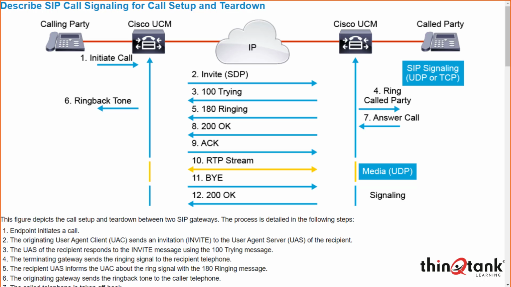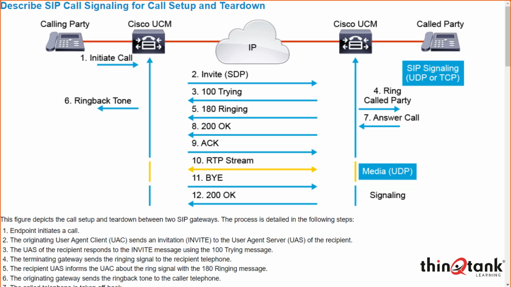Now notice that that invite gets passed through Cisco UCM and over to the UCM server on the right. Now that doesn't mean that the UCM server on the left isn't involved in that particular process, because again, we still have to identify whether or not we're even able to dial that phone number based on our class of restriction or class of service, and whether or not that destination is identified and the destination pattern that I'm trying to dial is actually registered.